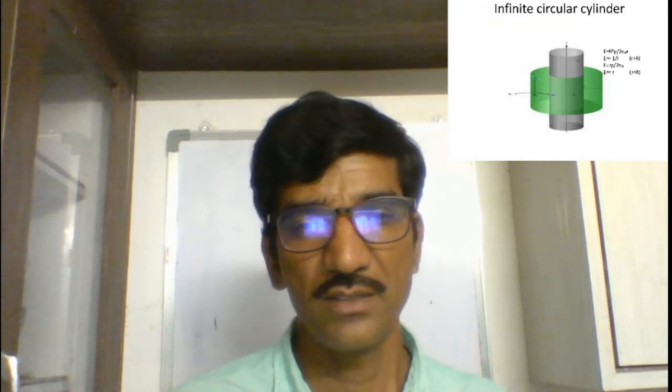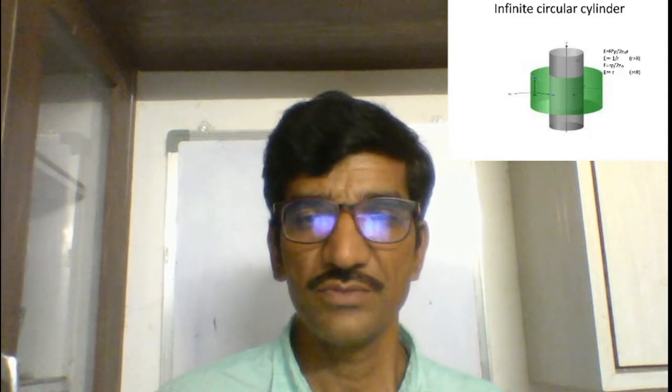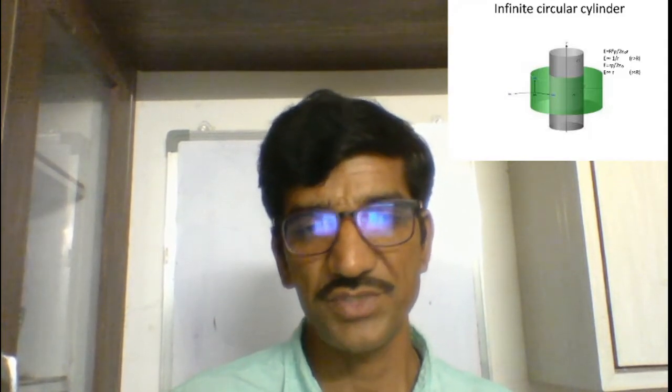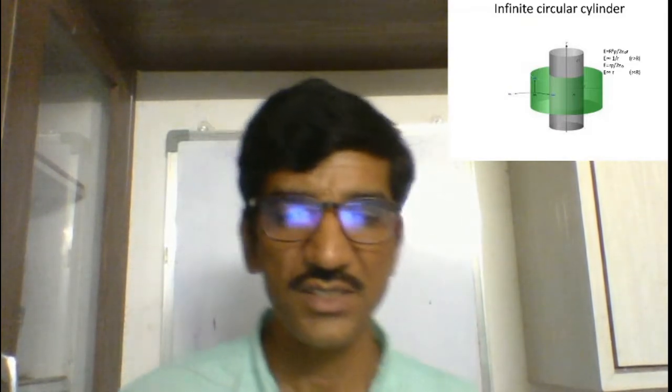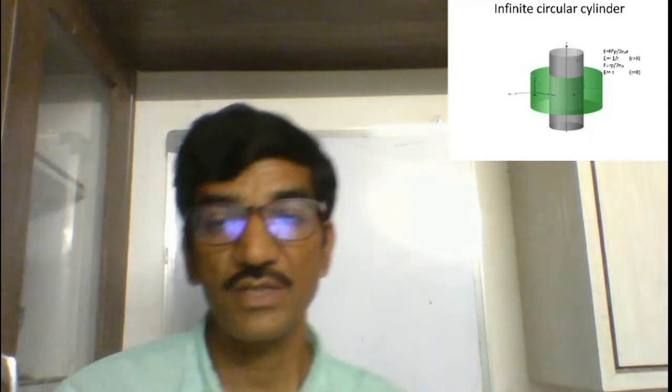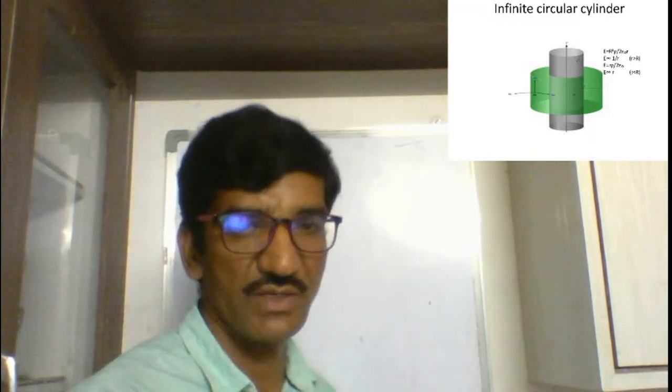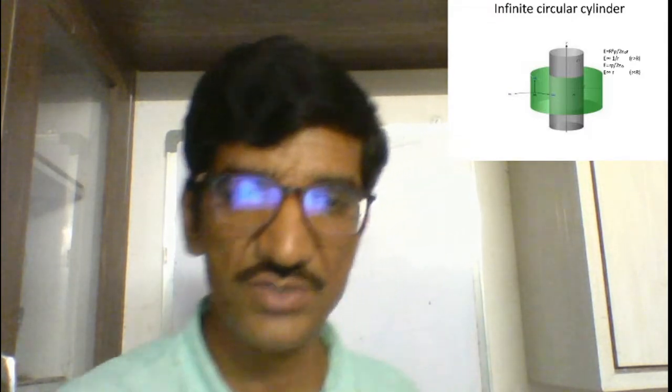That's why its value is not changing, even though you change your point of observation on both sides of the sheet. That you have to note. Now, we are going for the second example of today, the infinite circular cylinder. Again we will do the same thing. We will formulate the problem, then we will try to apply the Gauss law of electrostatics.